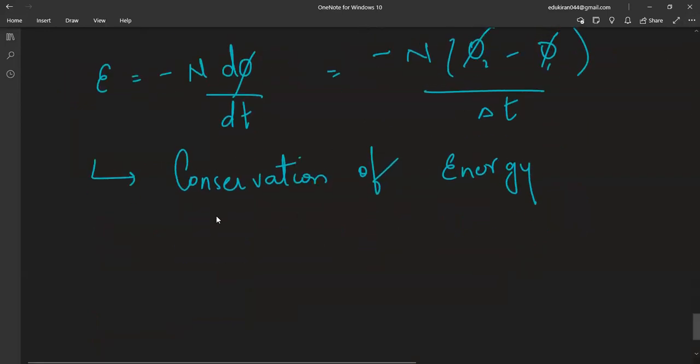Reason is also very simple. You should just know the basic reason. Reason to this says that, see, entire thing is clear. The direction of induced current according to Lenz's law is always opposite to the motion of the magnet.